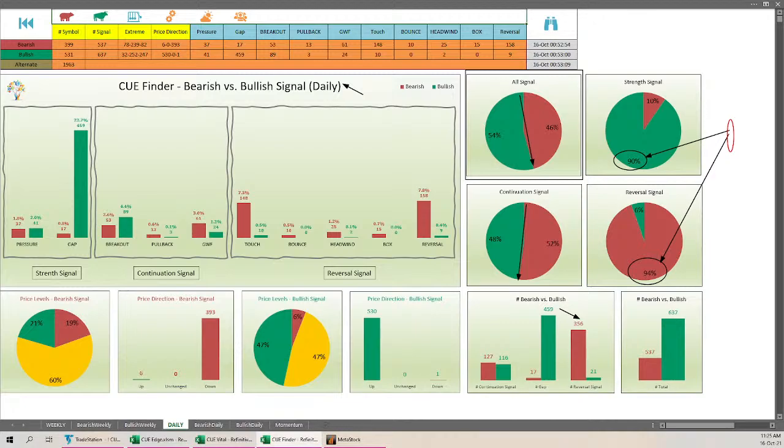At the same time, if I look at the price level from where bullish signals are coming, they are still mostly from the mid price level, or you may say it is balanced between mid and high price level.